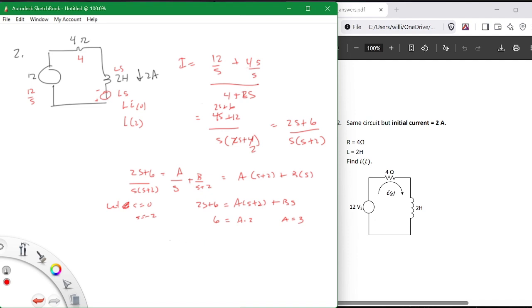If S equals minus 2, this is equal to 6 minus 4, or 2, is equal to B times minus 2. B is equal to minus 1. So this one is a little different in that what?